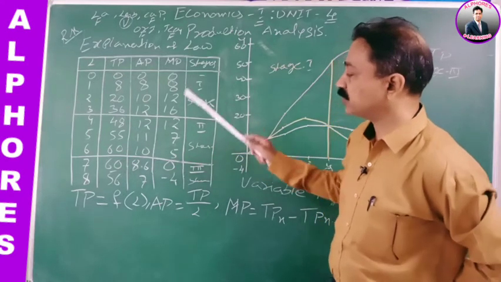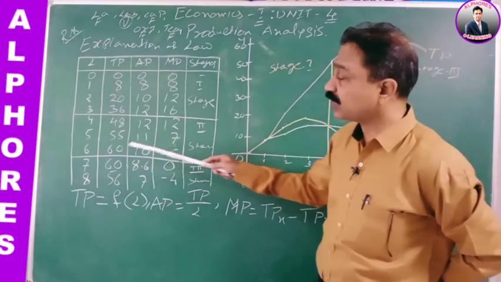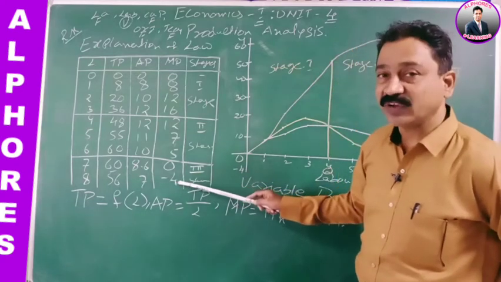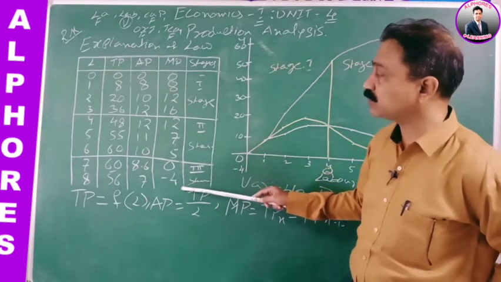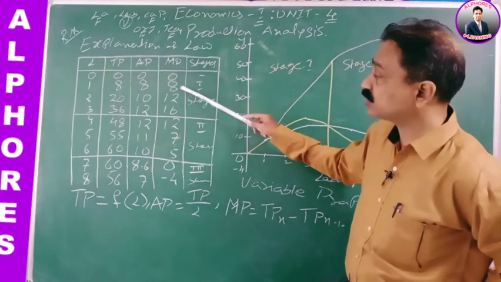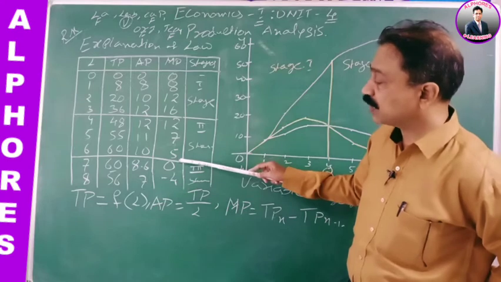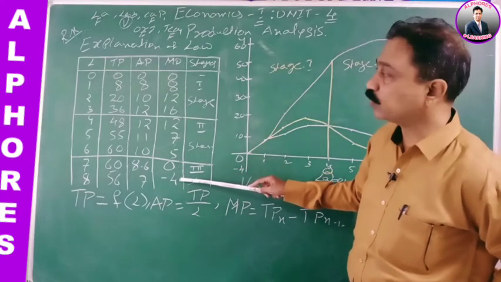Here the marginal productivity becomes 0. If you still continue to increase the labor, it becomes negative. So marginal productivity after a certain level becomes negative. Marginal productivity first increased, then decreased, then becomes 0 and then negative.